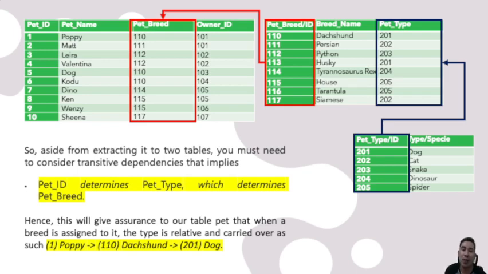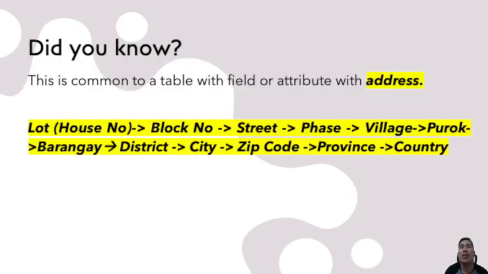Another thing about transitive dependencies is that if you have the address in your table, notice that the address can be split into many different fields. You could have lot number, block number, street, place, village, purok, barangay, district, city, zip code, province, and country. Let's start with the country.